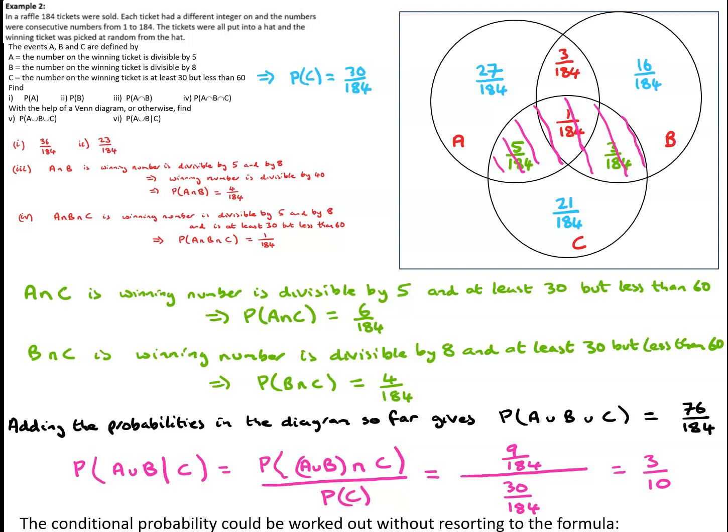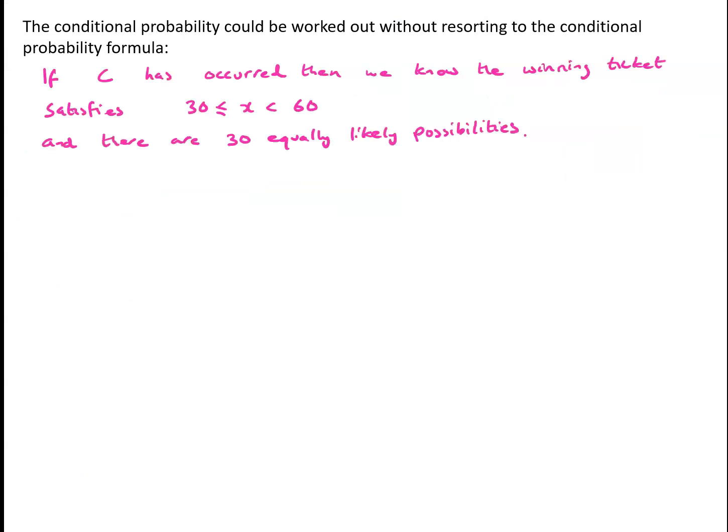Now, it's worth noticing that you can do this conditional probability without resorting to the formula. We can do it by common sense. If C has occurred, then we know the winning ticket has a number which is at least 30 but less than 60. So there are 30 equally likely possibilities.